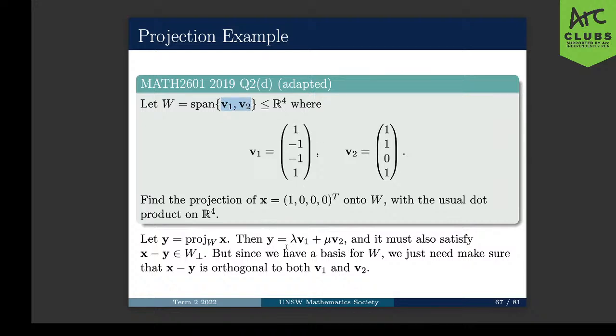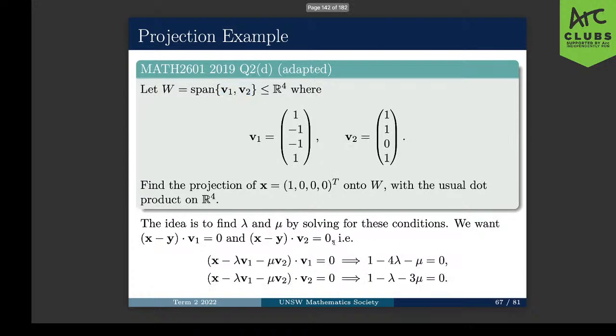Right, so this is how we're going to solve for lambda and mu. This gives us two equations. The two conditions come from these two: we want x minus y to be perpendicular to v1 and v2. I mean orthogonal, same thing. These conditions give us two equations in lambda and mu.